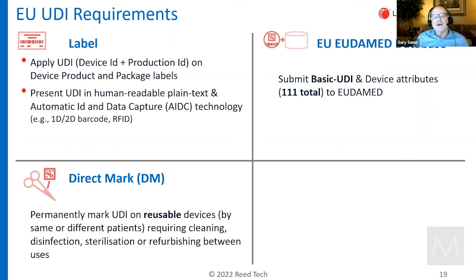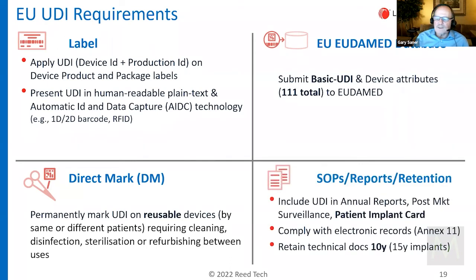And that was a brand new concept with the European Union. The FDA had no concept like that. So when you figure that in and look at all the additional attributes, the 64 data elements that you were collecting for the US now bumps up to 111 data attributes for the EU. So almost twice the number of attributes that need to be reported. So this is another challenge getting that data. We'll take a quick look at that in a second.